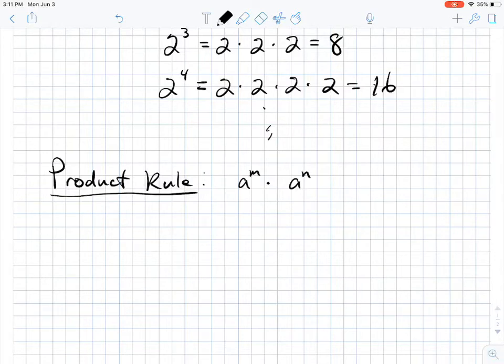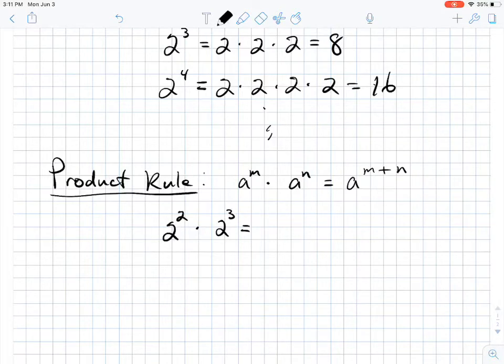Let's assume that you had a base number of a, one to the power of m, one to the power of n. The product rule simply says we just take the 2 exponents and add them to each other, assuming the base numbers are the same. So let's assume we had 2 squared for one, times 2 cubed for the other.